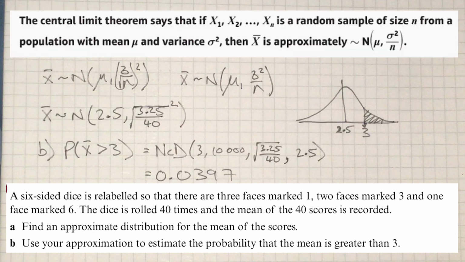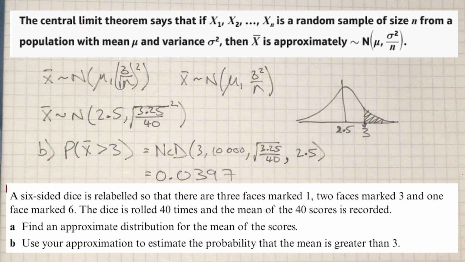The central limit theorem allows us to find a distribution for the sample mean, or at least an approximate distribution for the sample mean, and the strength of the central limit theorem is that it allows us to have any distribution as our starting point, but we realize that the distribution of the sample means will approximately follow a normal distribution.